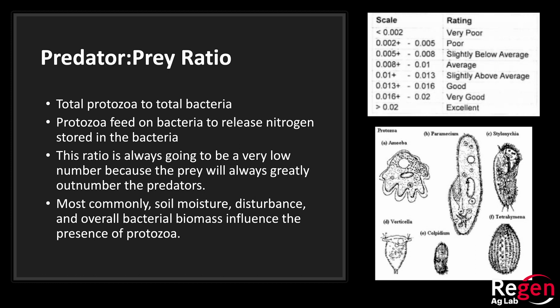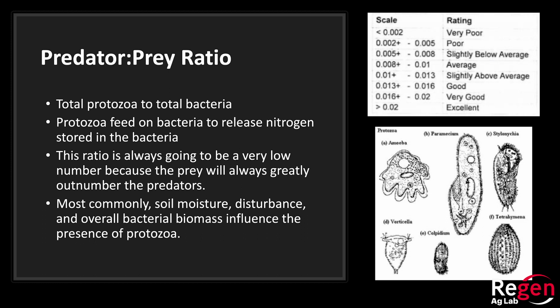Now the thing about this ratio, it's always going to be incredibly small, because prey always greatly outnumber predators. At least they should. If the predators start to dominate the landscape, they end up eating themselves out of house and home. So this is Mother Nature's balancing act, but protozoans can graze lots of bacteria in a day.